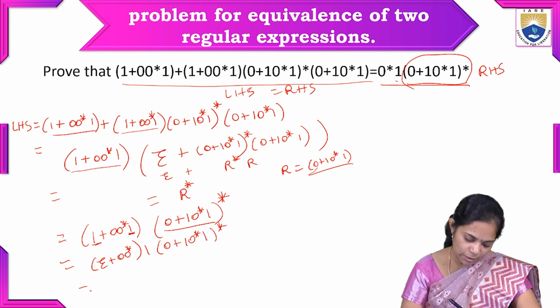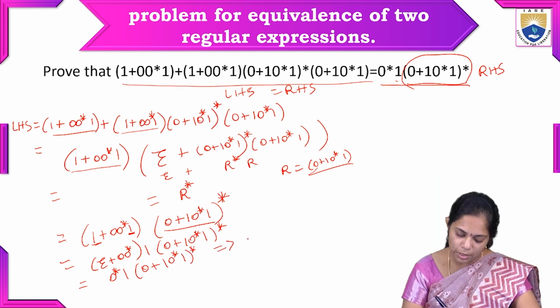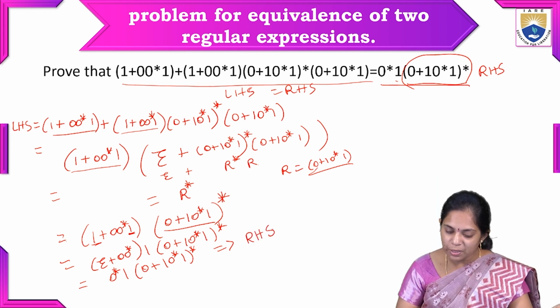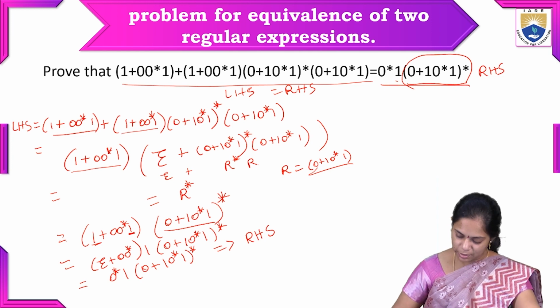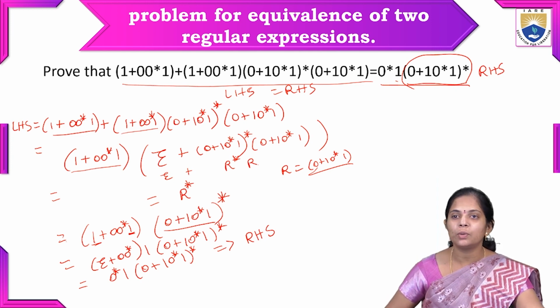The same thing was previously done. So epsilon plus 00 whole star gives 0 star and 1, and the remaining 0 plus 1 whole star of 1 whole star. So what is this? It is the RHS. By performing this identity substitution, we get LHS is equal to RHS.